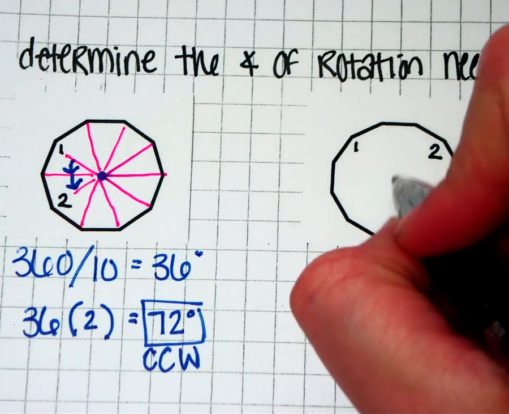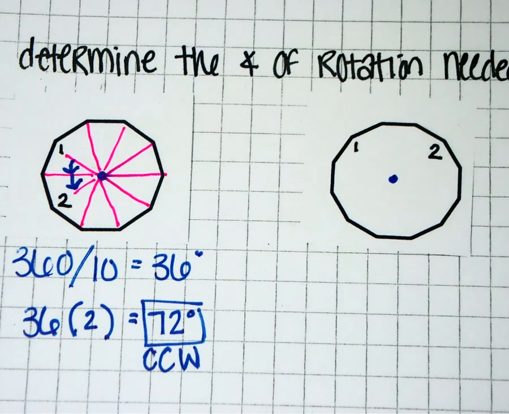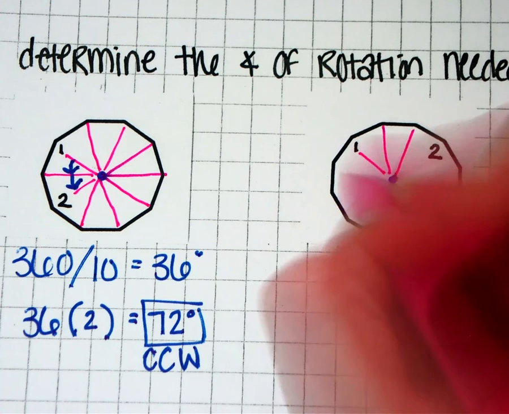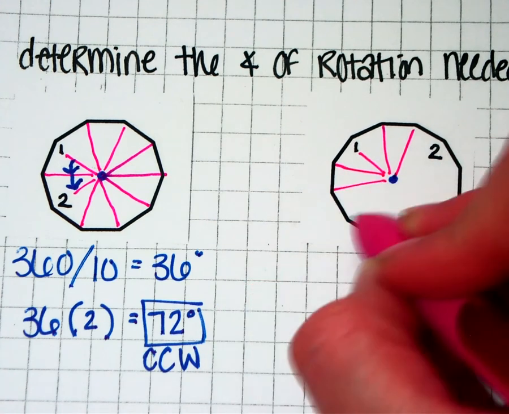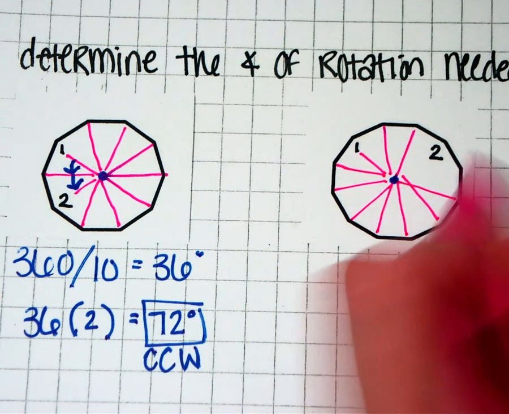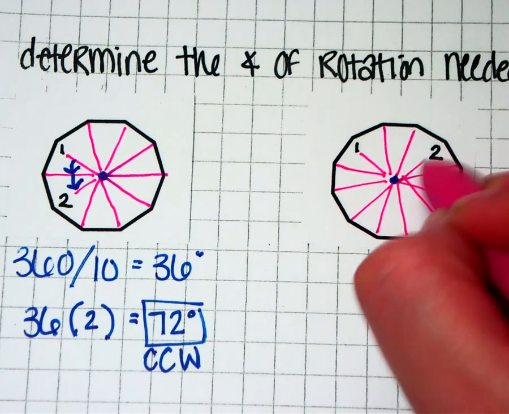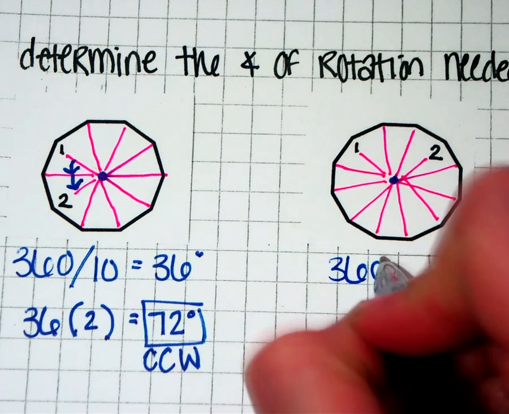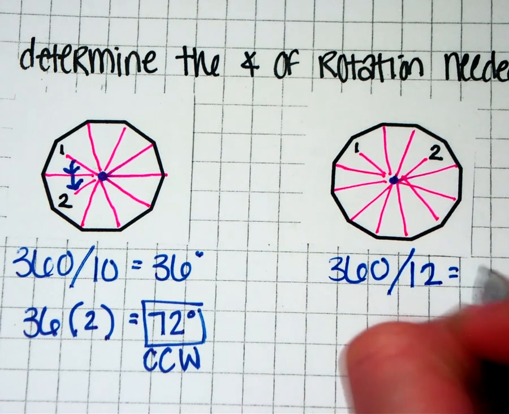Put the dot in the center, and you draw your segments. So 1, 2, 3, 4, 5, 6, 7, 8, 9, 10, 11. This one is 12. So we're going to do 360, divide that by 12, and we get 30.